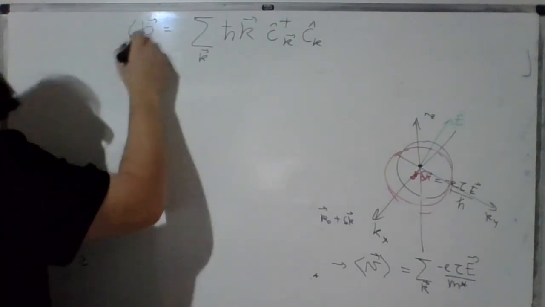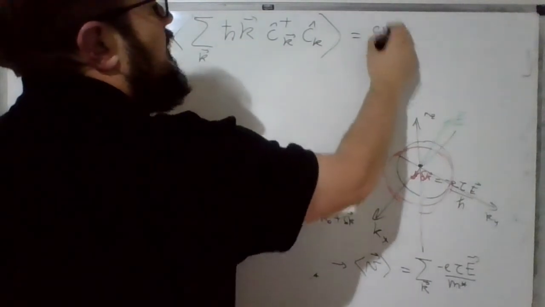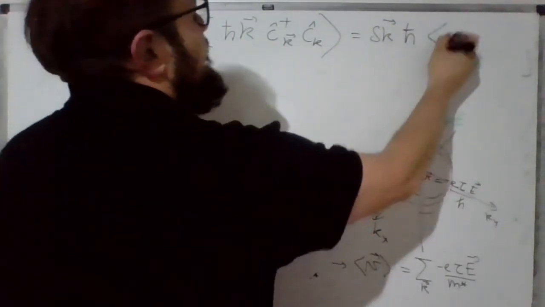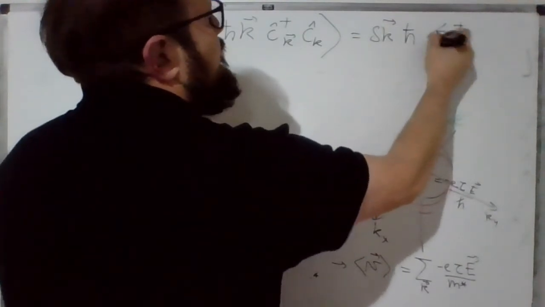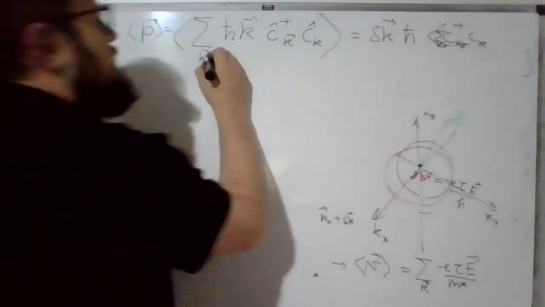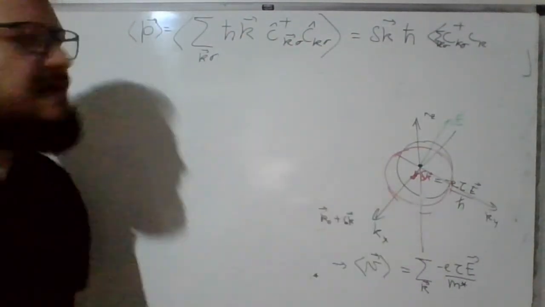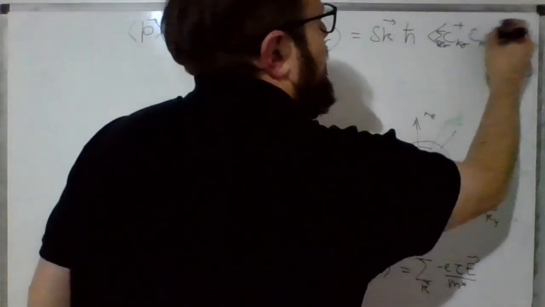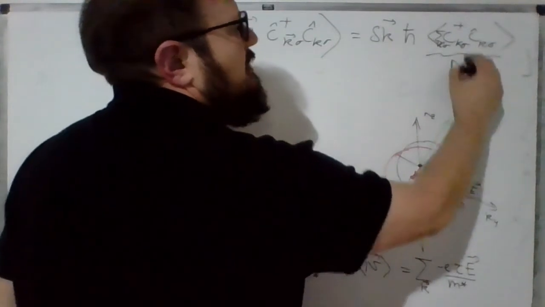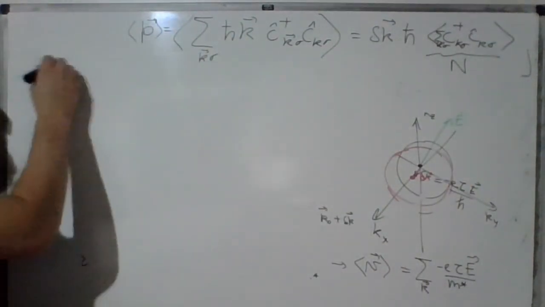You pick the average here, so you have a delta k for all the k's times the h bar times the average c dagger summed over all the k's and over all the spins. It doesn't depend on spin in this case because you are not applying magnetic fields. So if you take that, this is just the total number of particles in your system. And now you can calculate the current.